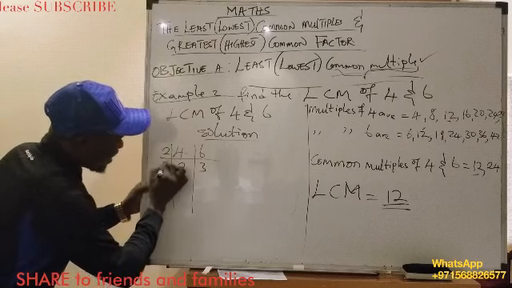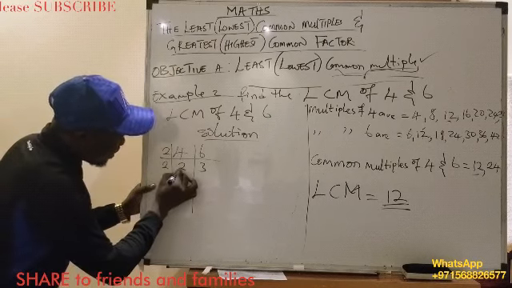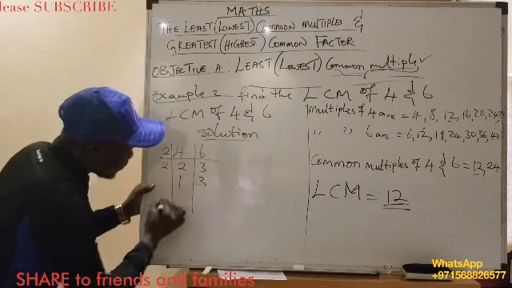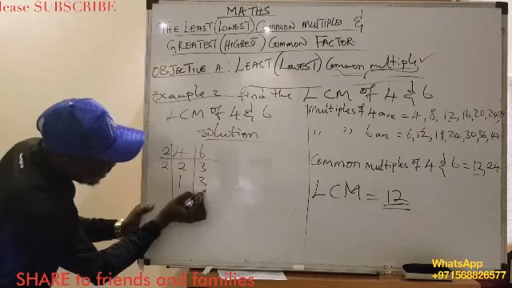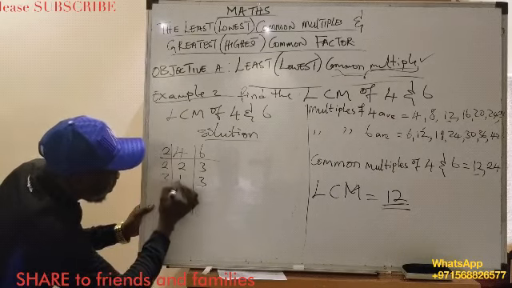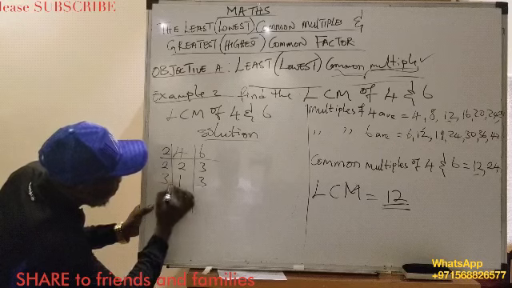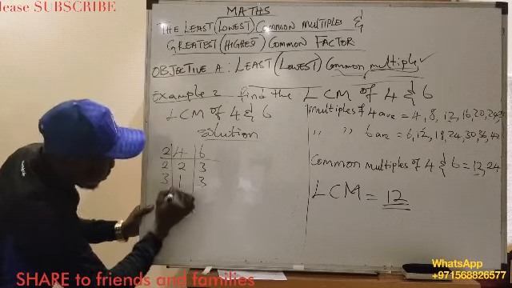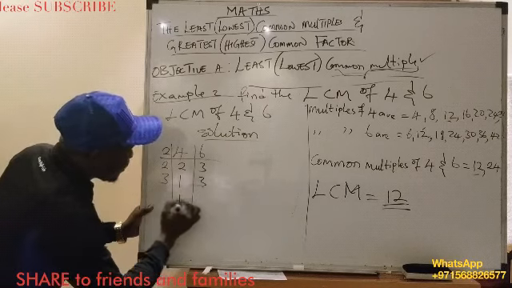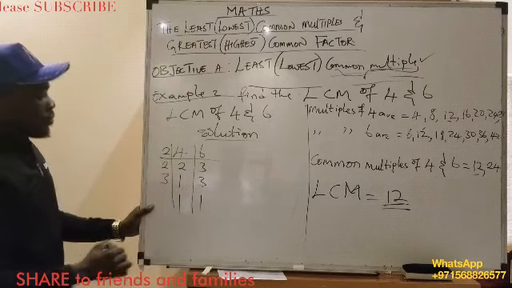Another one here now is 2. 2 can divide 2 to give us 1, but cannot divide 3. So we now go for another number that can divide 3 without remainder, and that is 3. 3 cannot divide 1 without remainder, so we write 1, and 3 can divide 3 to give us 1.